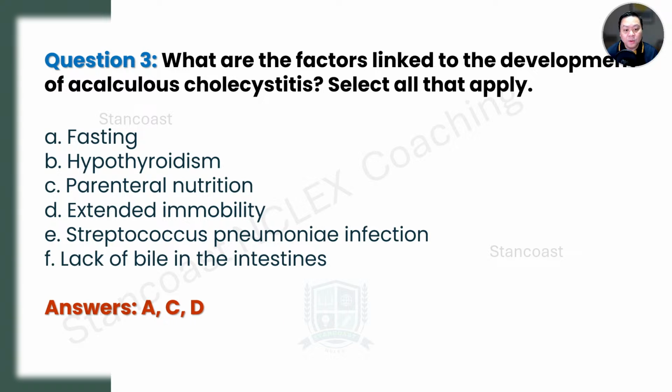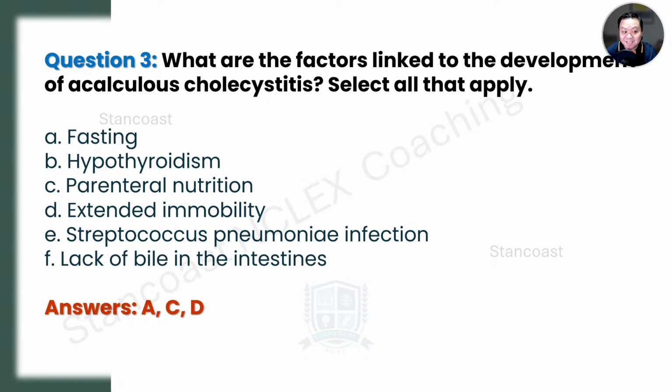Now, these factors can reduce the gallbladder motility, and this can make the outflow of the bile much slower, so it will tend to cause the formation of sludge. Okay, so this will contribute to the inflammation of the gallbladder without the presence of stones.